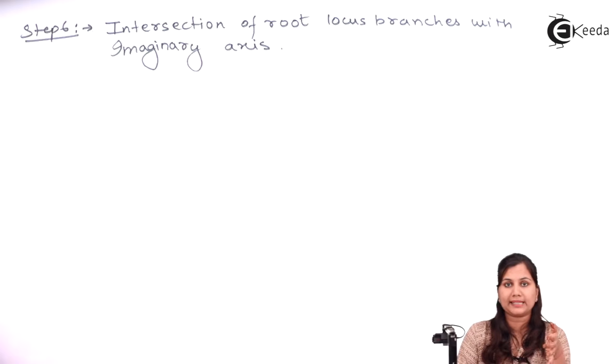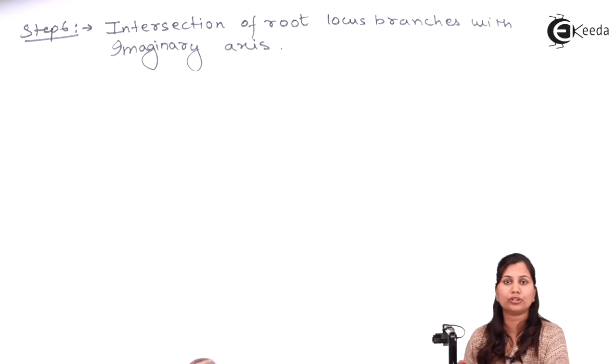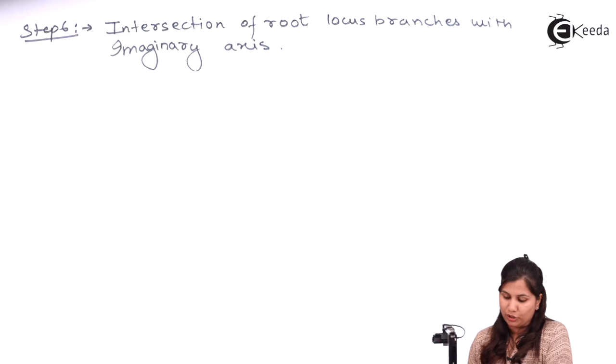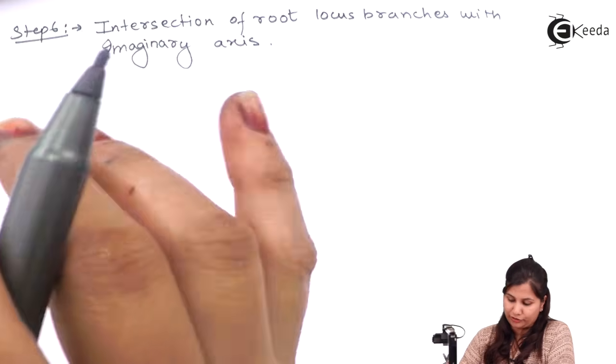First was to put s equals j omega in the characteristic equation, and second was to use the Routh stability criteria. So here we will use the Routh stability criteria to find the intersection point.